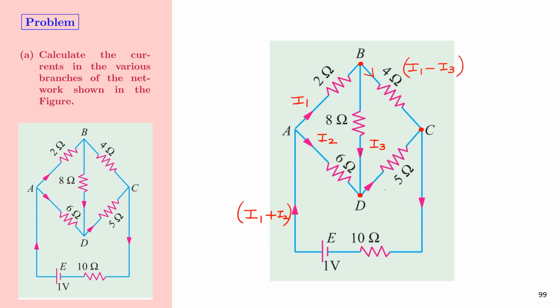At node D, currents I2 and I3 combine, and the current that will flow across the 5 ohm resistor is I2 plus I3. At node C, I1 minus I3 and I2 plus I3 combine, and the current that is going to flow through the 10 ohm resistor is I1 plus I2.